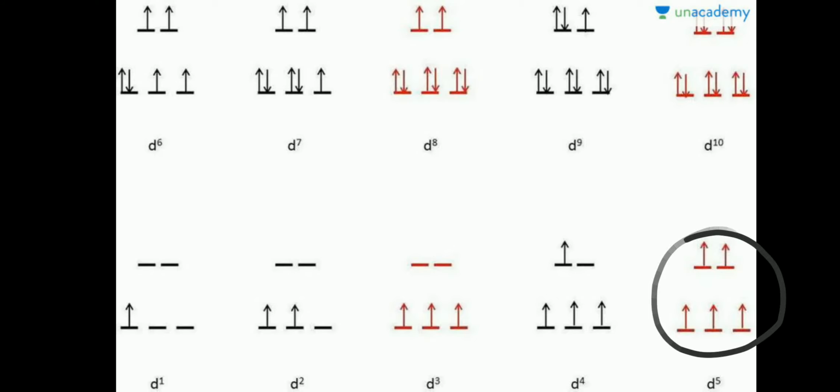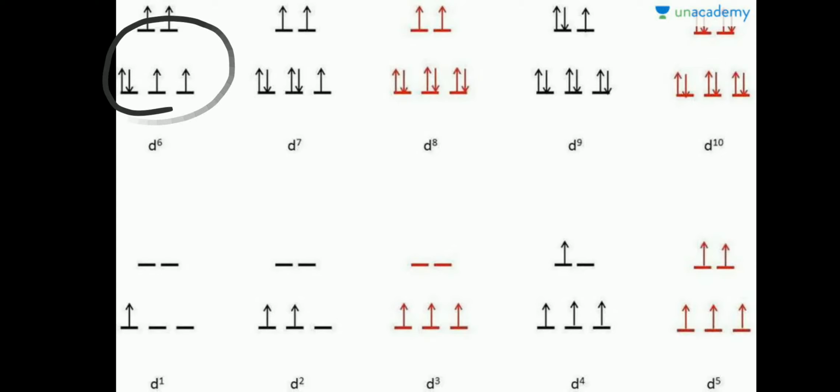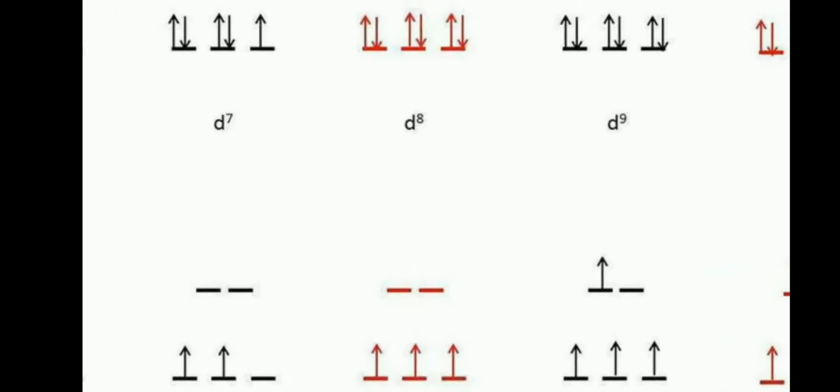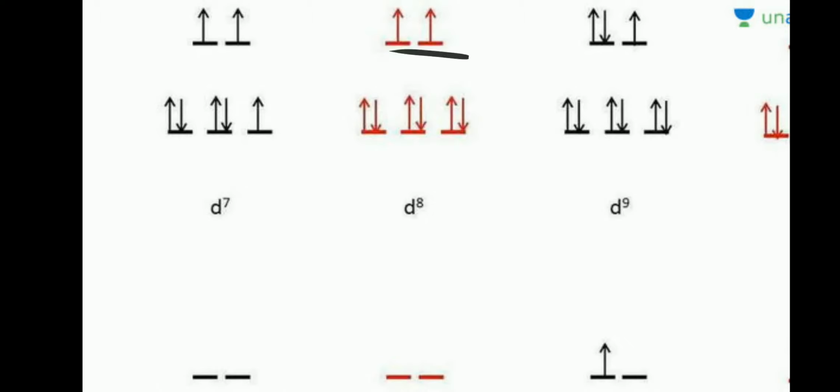Your d6 will also show a weak Jahn-Teller distortion, because your eg is filled equally, but your t2g is unequally filled. Now your d7 high spin will also give a weak Jahn-Teller distortion. Why? Because again here t2g is asymmetrically filled, but eg is symmetrically filled. d8 high spin will not show Jahn-Teller distortion, because t2g and eg both are equally filled.